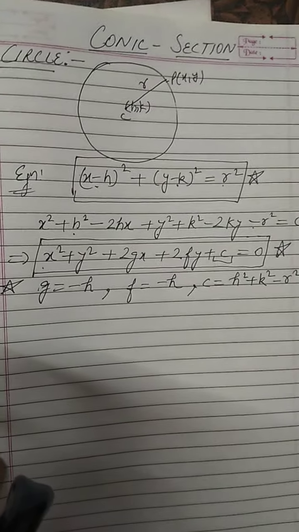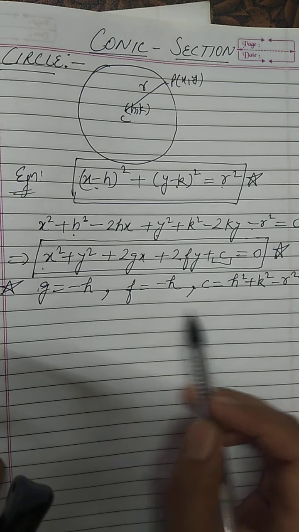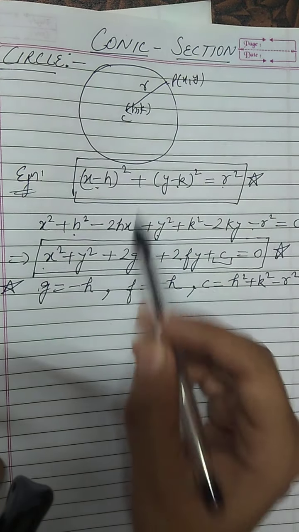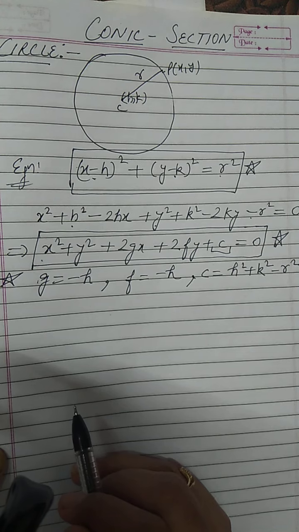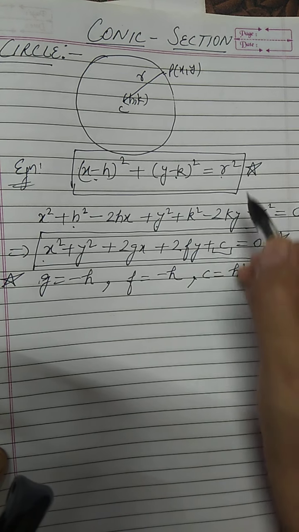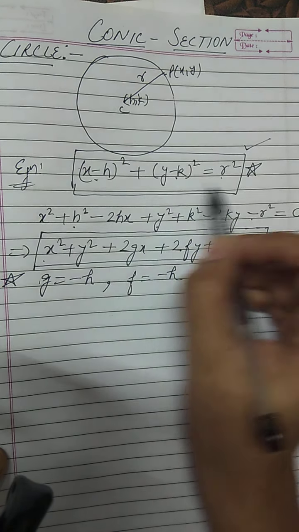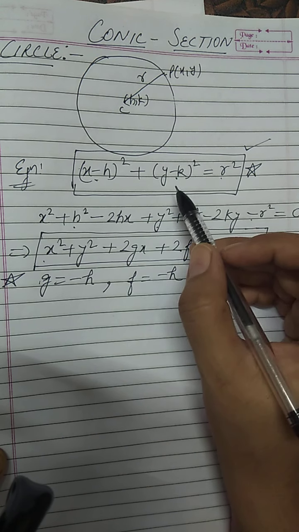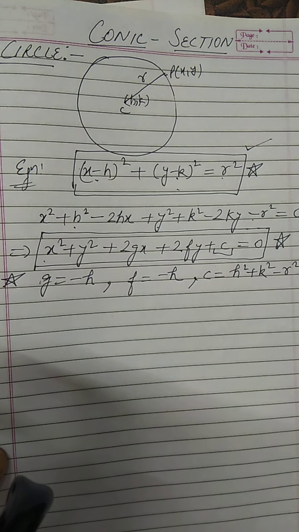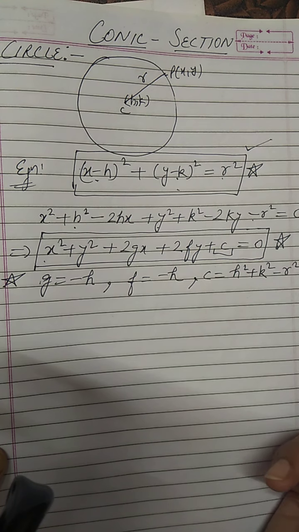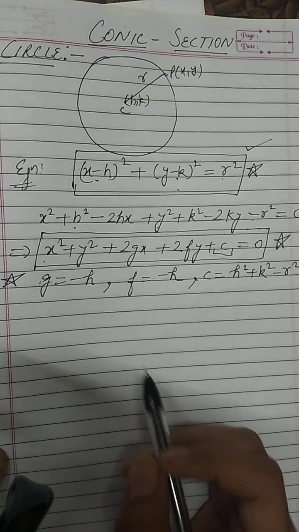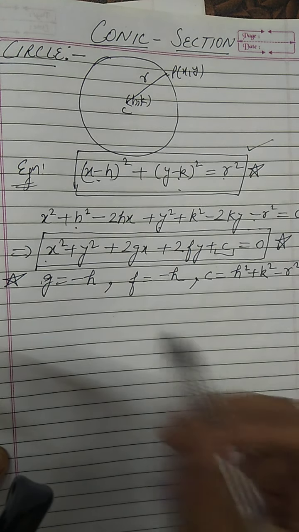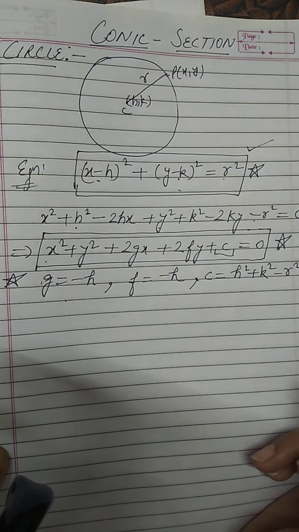That is why I am considering this equation as well, so that you are free to use any form. In NCERT we are following the standard form only, and with the help of this equation numericals can also be done very easily. So whatever method you want to apply to write the equation, we can do.